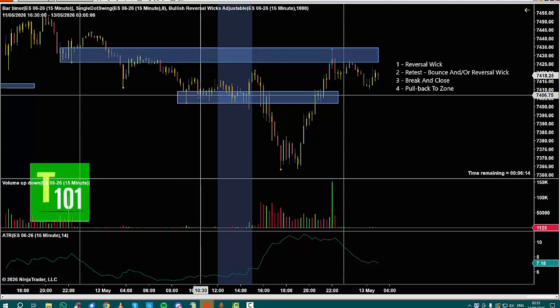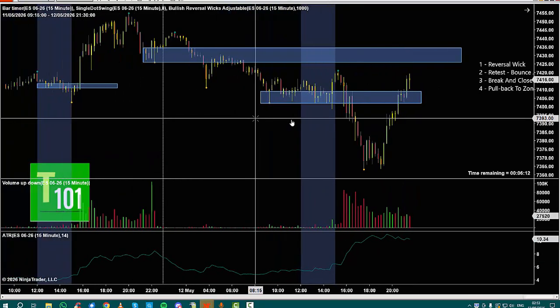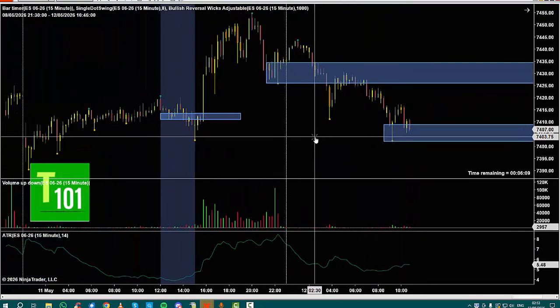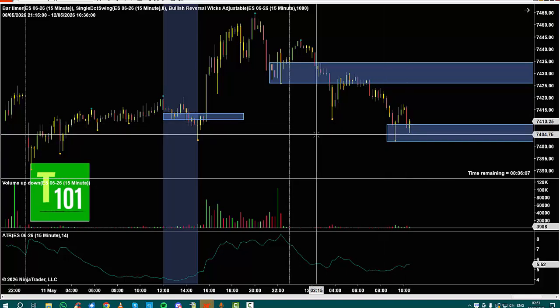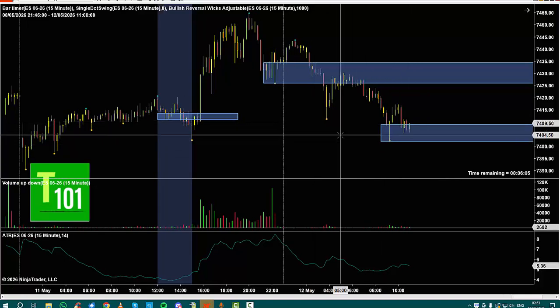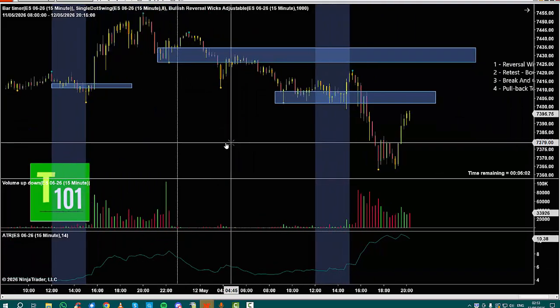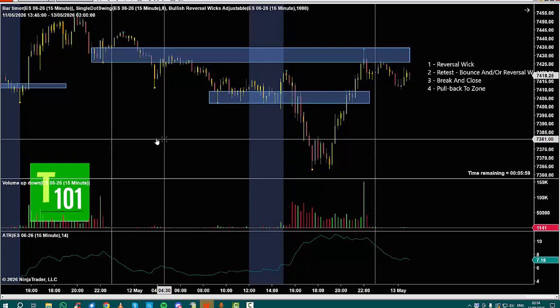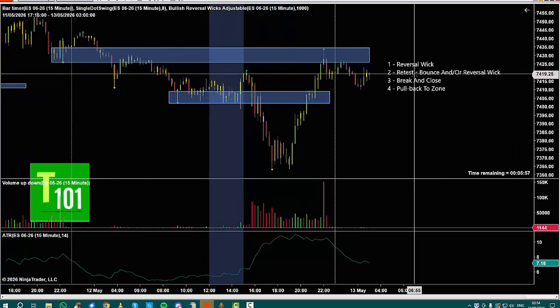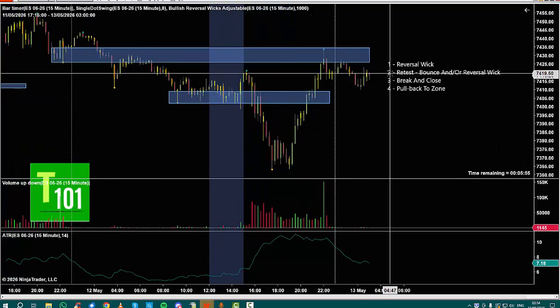So as soon as we got that, at this point here, that is a confirmed zone. Even if we didn't get that, if it bounced out of it like this, then it's a confirmed zone too. We happen to have both in this example. So number 2 is satisfied.